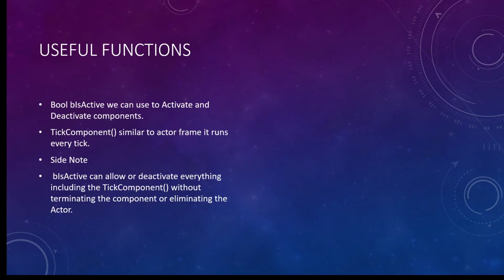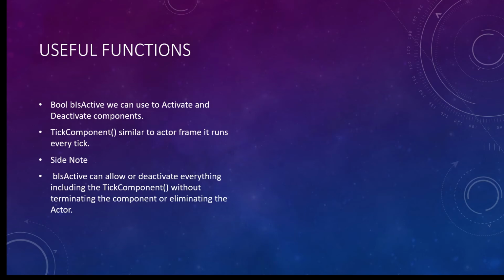Okay, so let's look at something else. A useful function with them is bIsActive. We can use it to activate and deactivate the components. Also, the tick component is similar to the actor's frame rate; it runs every tick.